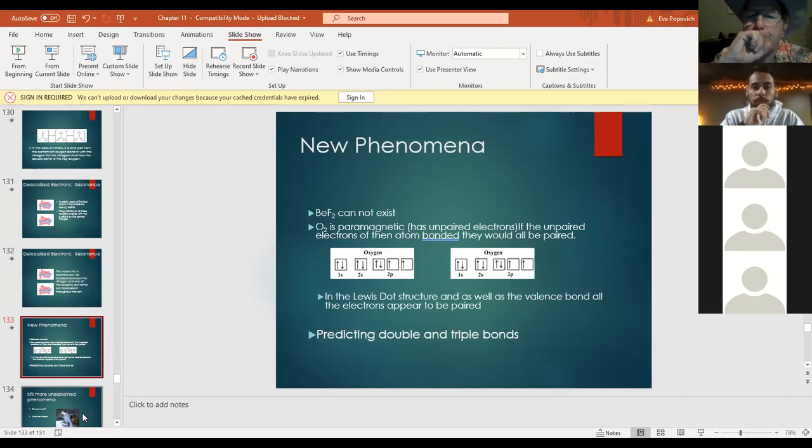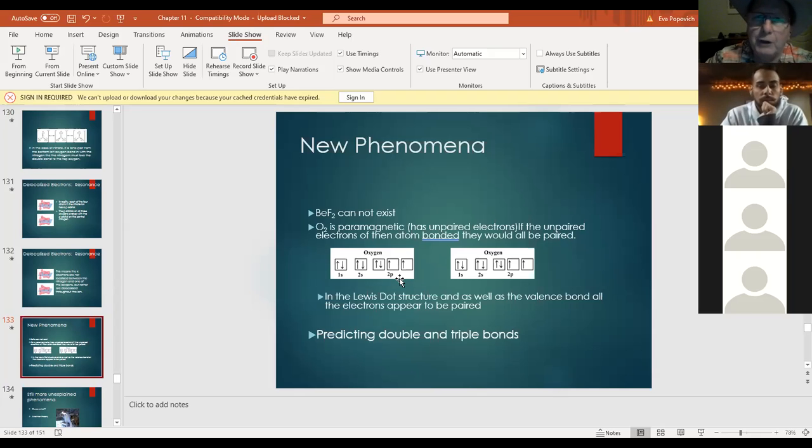If we bonded oxygen with another oxygen, would there be any unpaired electrons? No, because this oxygen's two electrons would bond with this one. A double bond, and all the electrons would be paired up. Does that make sense?